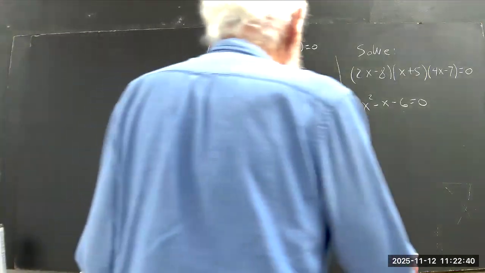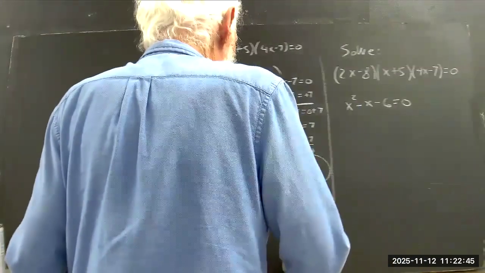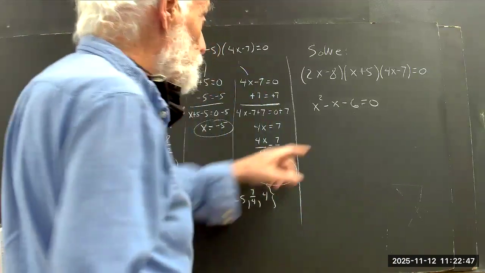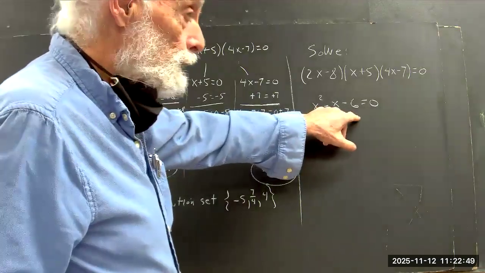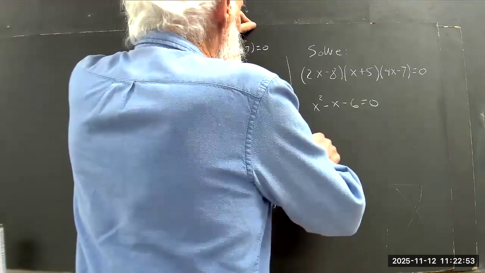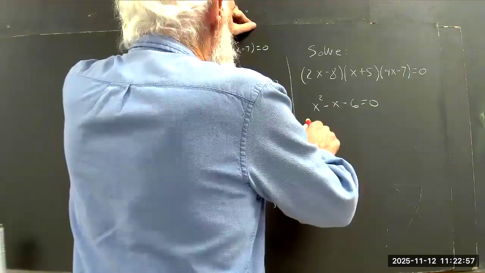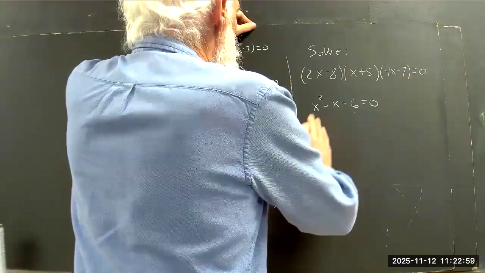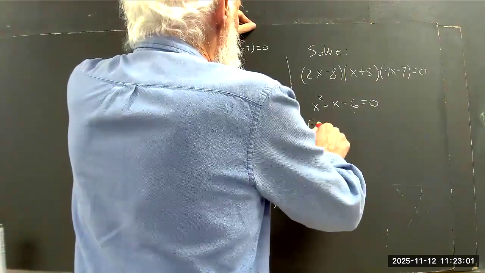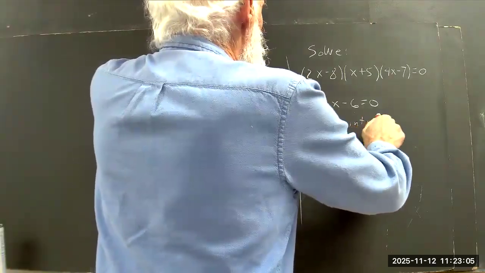Now, I'll just move the board over a little so I don't block it. x squared minus x minus 6 equals 0. That's of the form, well, here's our logic.